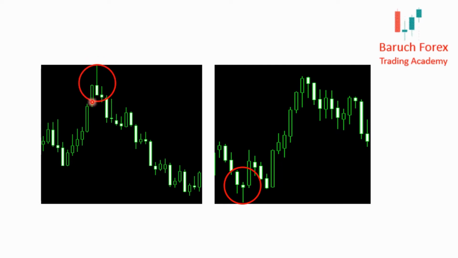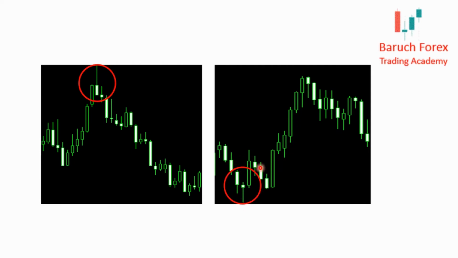Whenever you see this pin bar, it tells you that the market will potentially go down. So we call it a market reversal; the market is going to reverse. Same in this diagram here. The market came down from up, then it goes up.